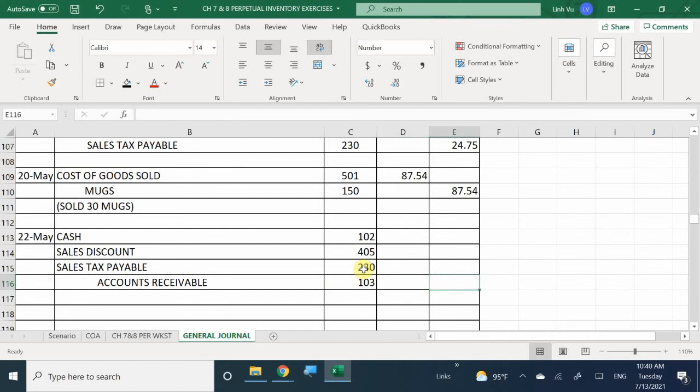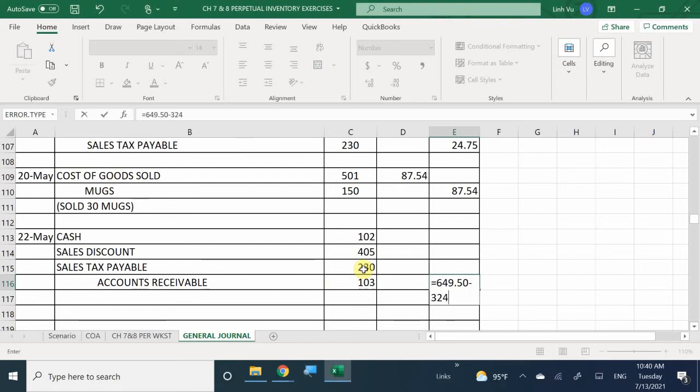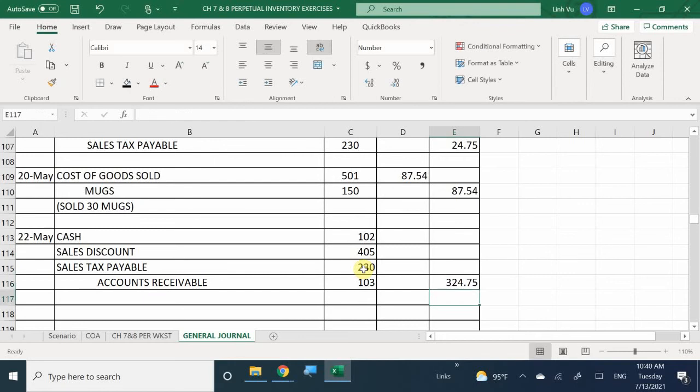So in this case, what was my grand total that he owes me? He originally owed me $649.50, but we ended up returning $324.75. So right now he owes me $324.75. So that's what he owes me right now.